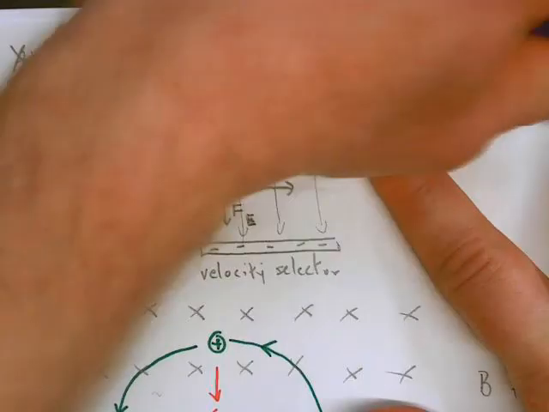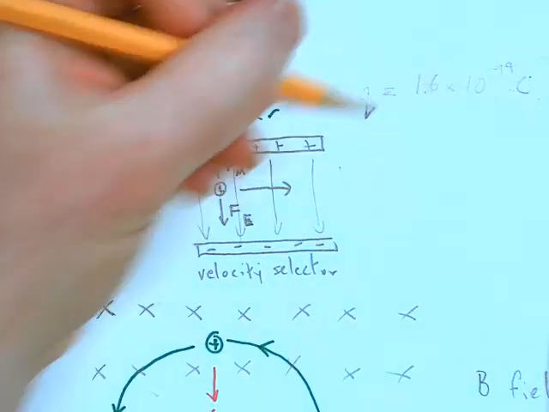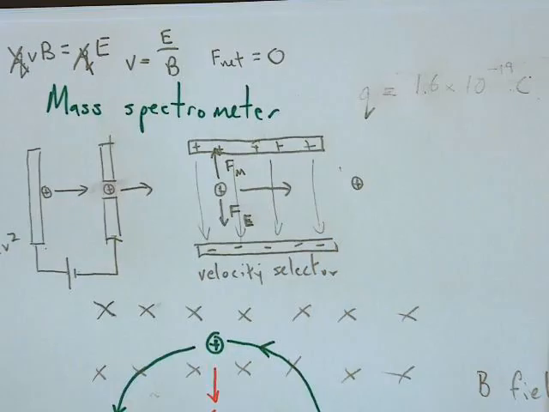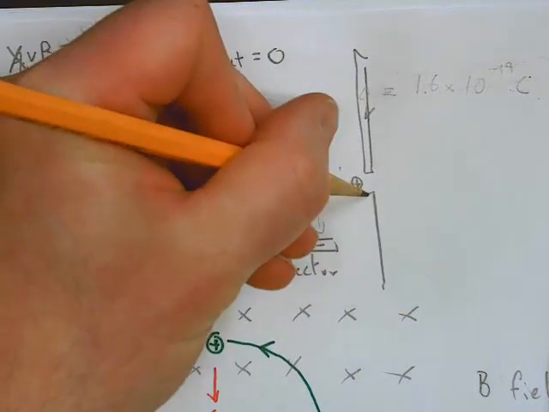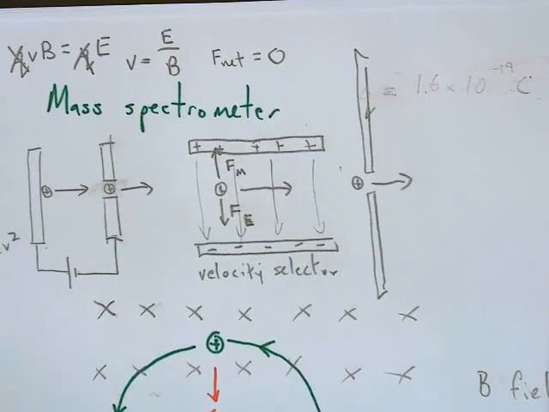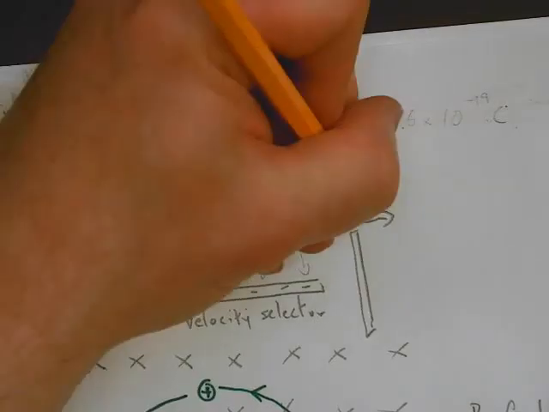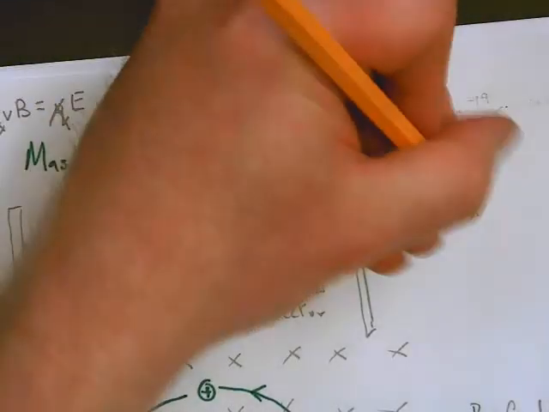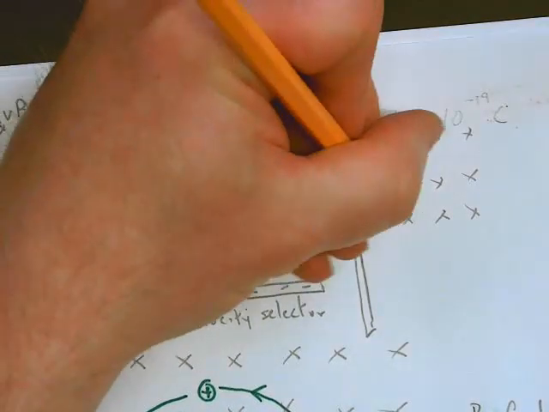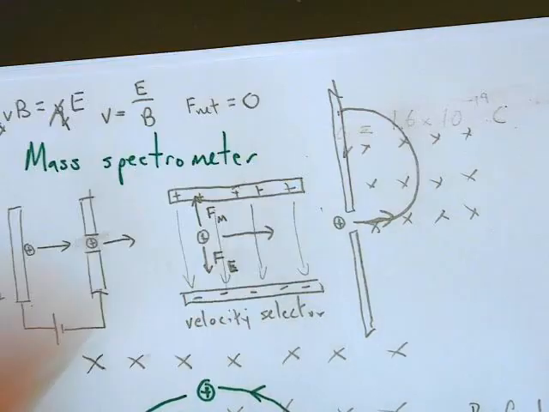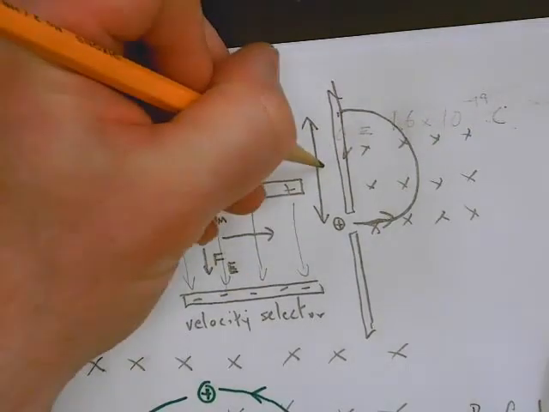Then it's going to enter the detector area, and let me erase this, or at least try to erase this. I don't have the greatest eraser, but that's okay. Well, when this charge enters the detector area going this way, if I had a magnetic field here, and it's going to be a different magnetic field going like this, just like we did below, well, this charge is going to come in and then make a circle and collide.